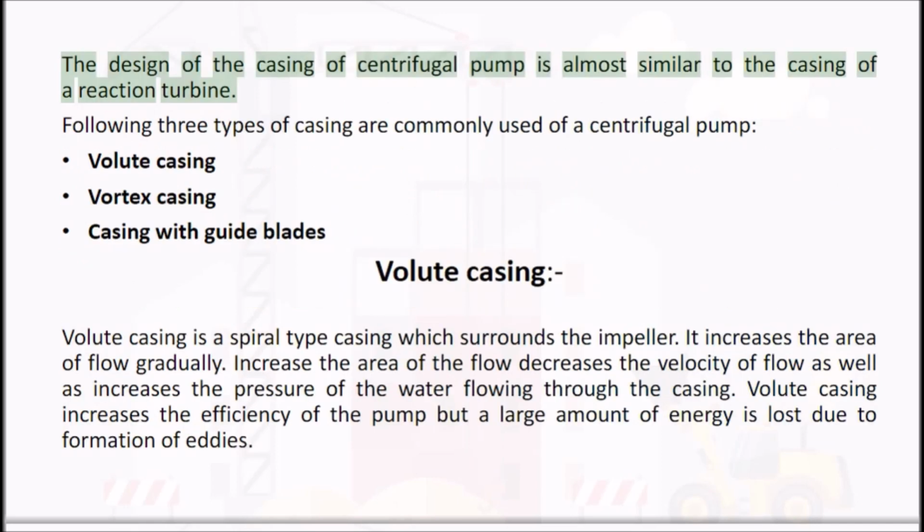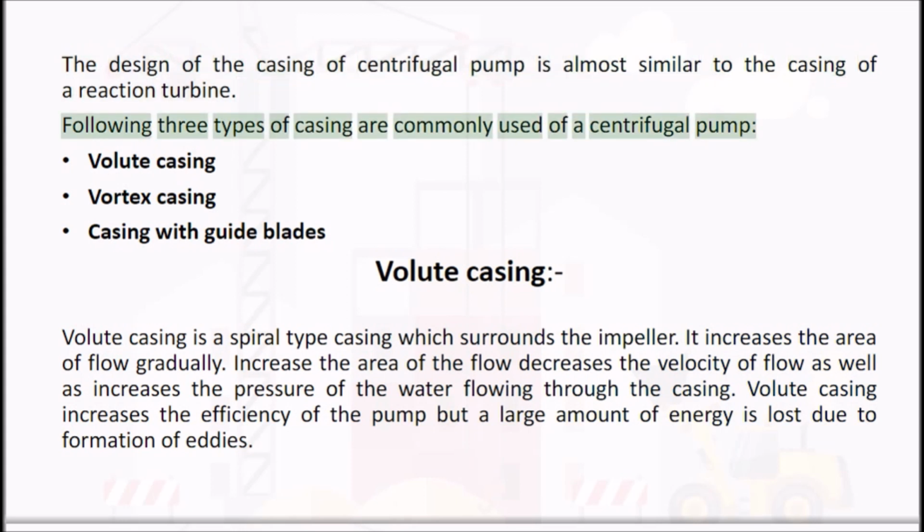The design of the casing of a centrifugal pump is almost similar to the casing of an inward reaction turbine. The following three types of casing are commonly used for a centrifugal pump: volute casing, vortex casing, and casing with guide blades.